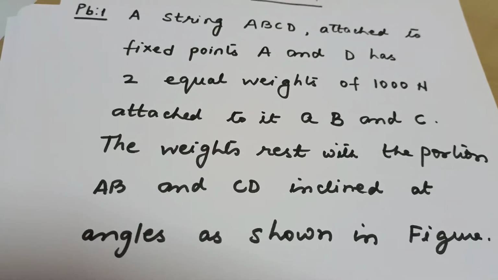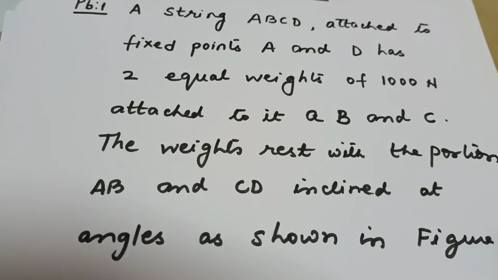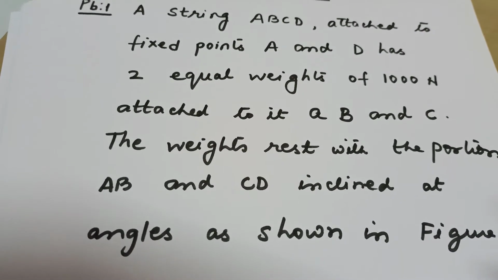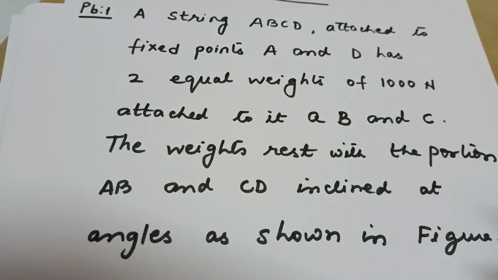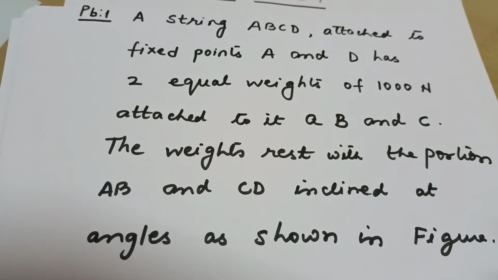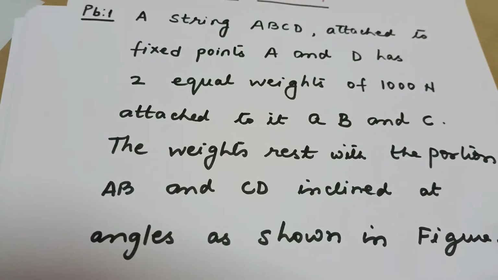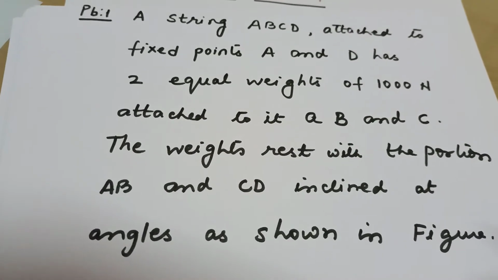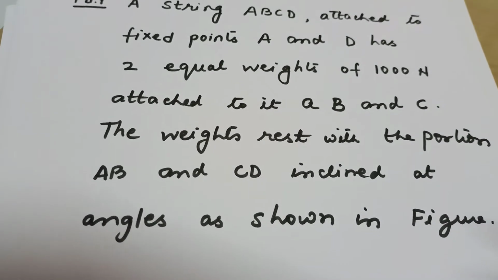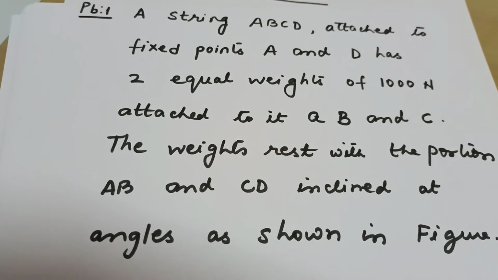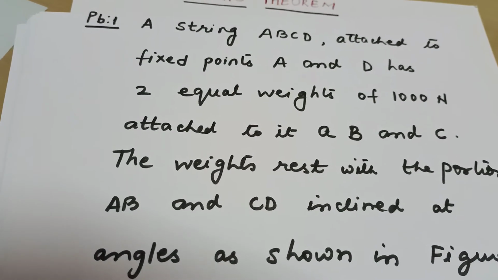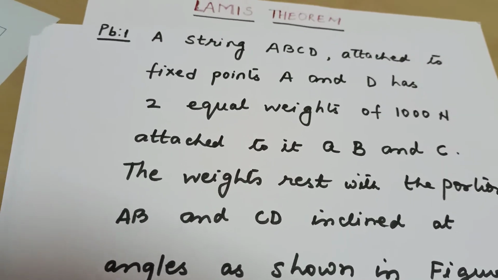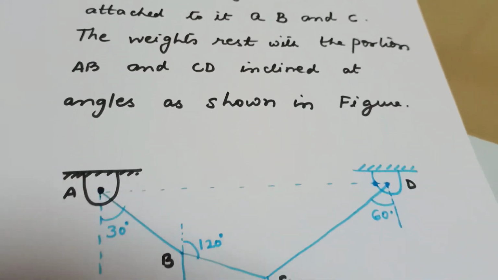You can see the problem is a string ABCD which is attached to fixed points A and D, has two equal weights of 1000 Newton attached to it at points B and C. The weights rest with the portions AB and CD inclined at angles as shown in the figure.